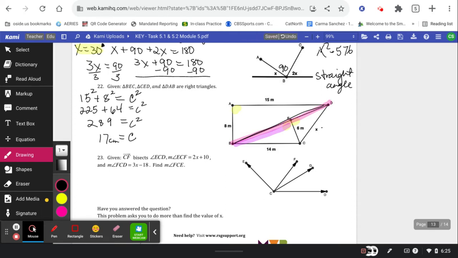Now we're going to do, using this 6 and using this 14, we're going to find this little length here. I'm going to call this, I don't know, little d. So we're going to say little d squared plus 6 squared is equal to 14 squared. And we're going to solve for that small missing side.